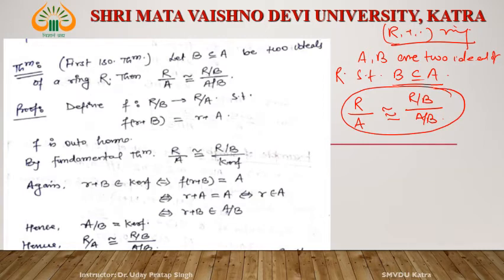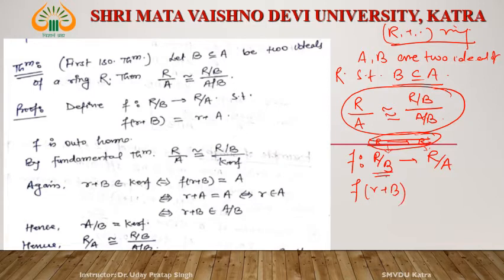For this we will use the fundamental theorem of homomorphism. The fundamental theorem of homomorphism is defined in this way: f from R by B to R by A, just like this R and R prime in the first fundamental theorem. So this acts like R, and this one is R prime. Now define this f of (r + B). What is the element of this one?